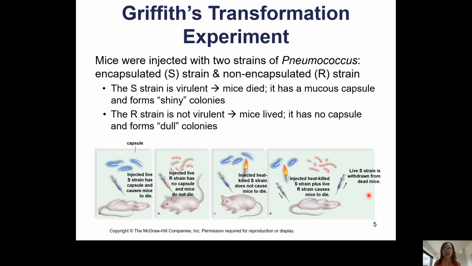So what happens here actually? Especially in the fourth picture, the mice were first injected with the heat-killed S strain plus R strain. But then, when the sample was taken, it was found that the live S strain was there. So what happened? Okay, that's the first proof.